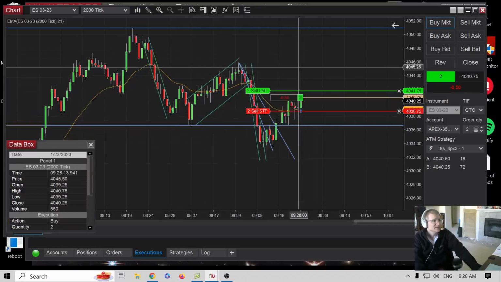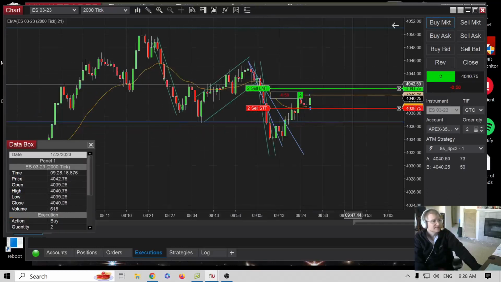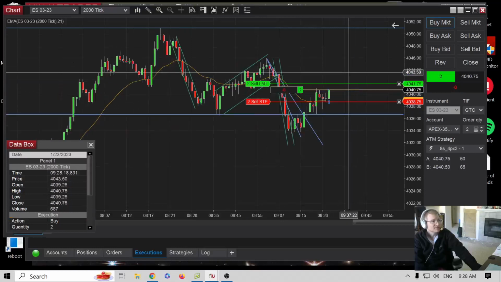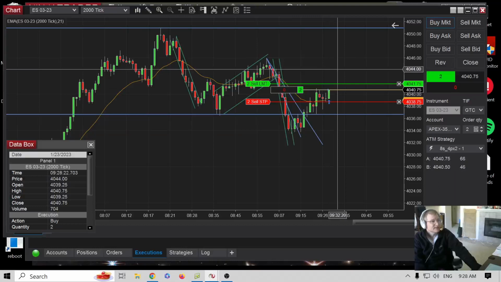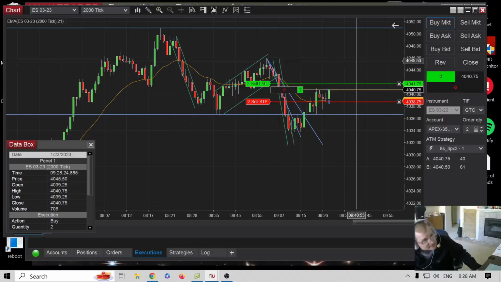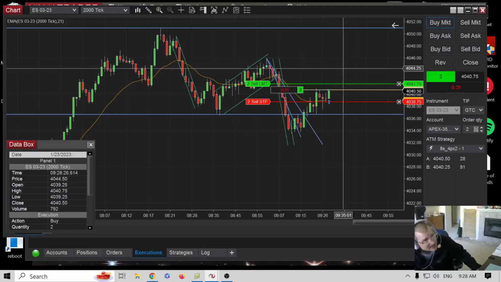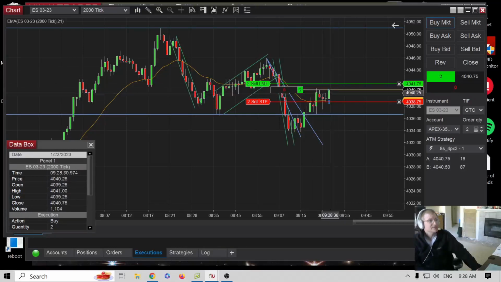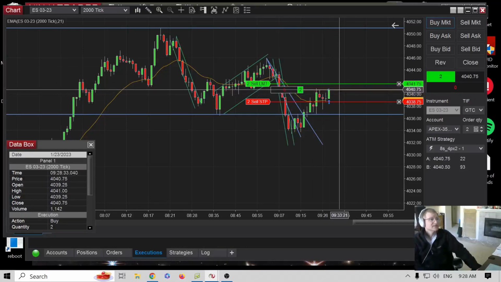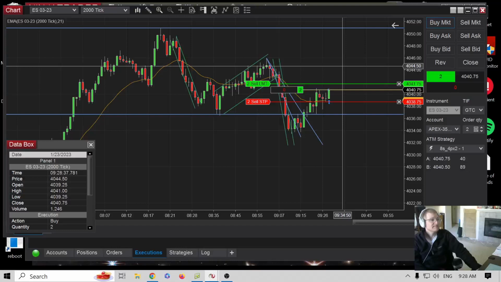But we're already losing. Come on, baby. Push it up. Let's see here. We're in first trade of the day. Kind of feel like that's our signal bar. I just hope we break through that and yeah, hit our target.